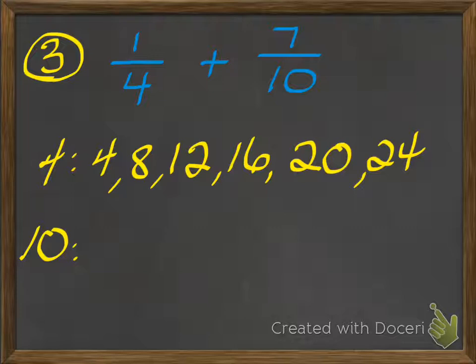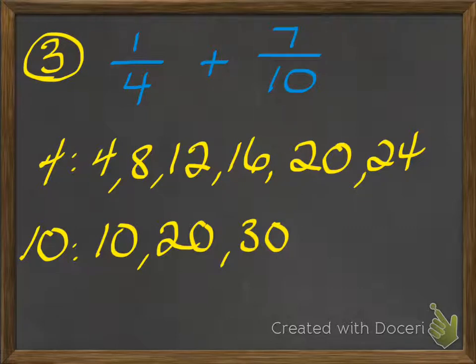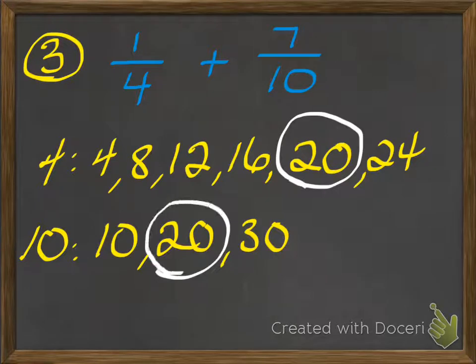The multiples of 10 are 10, 20, 30. Ooh, I'm going to stop because I already see a common multiple of 20. They share the number 20 as a multiple. Okay, so I'm going to change the 4ths to 20ths and the 10ths to 20ths.